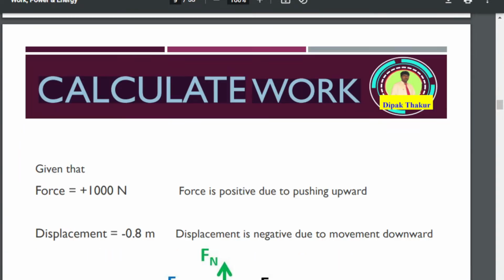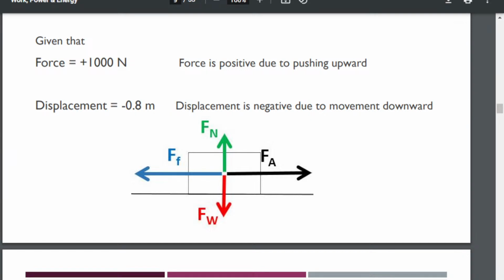To calculate the work, first we write down the given data. Force equals 1000 Newton, and force is positive due to pushing upward. Displacement is 0.8 meter, and it is minus. Why minus?